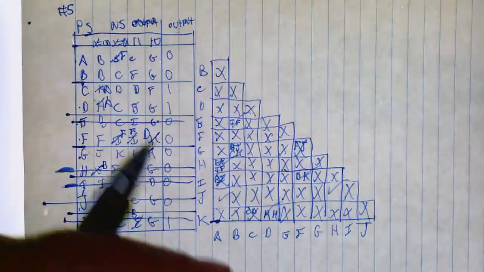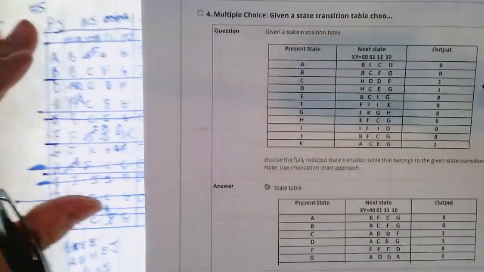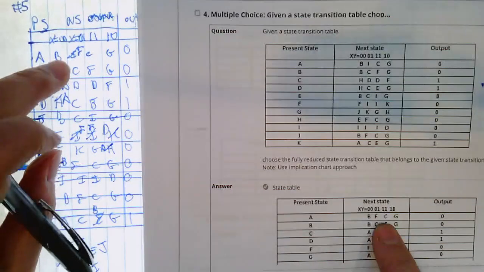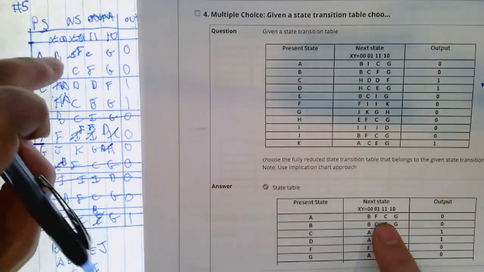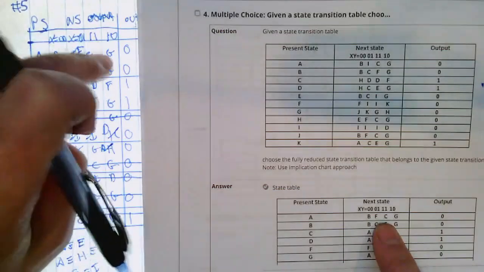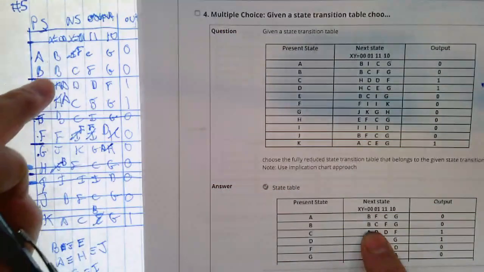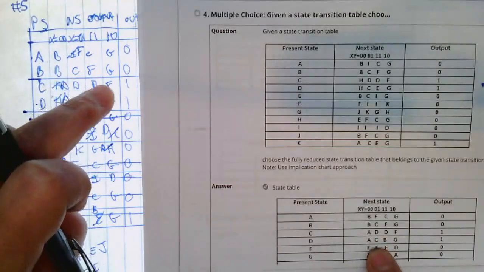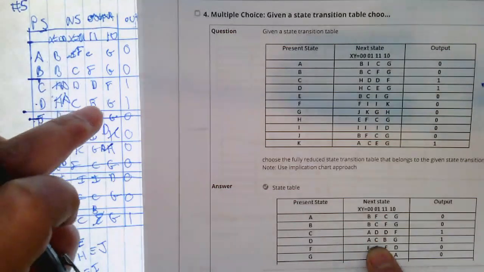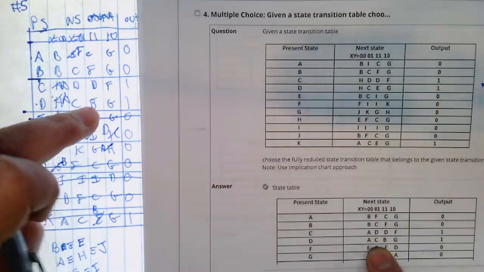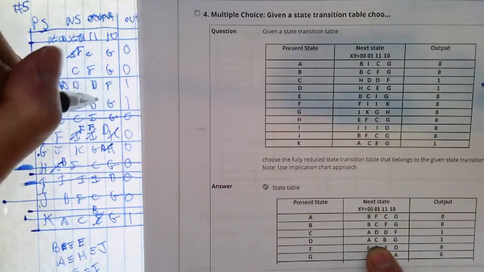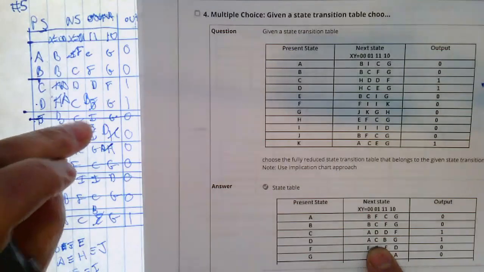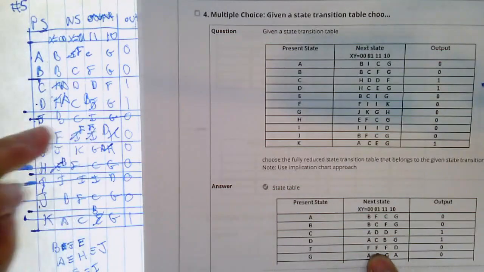And so then, when you look at the answer, it should say BFCG. Then it should say BCFG, ADDF, ACEG, E is equal to B, FFFD. That's right.